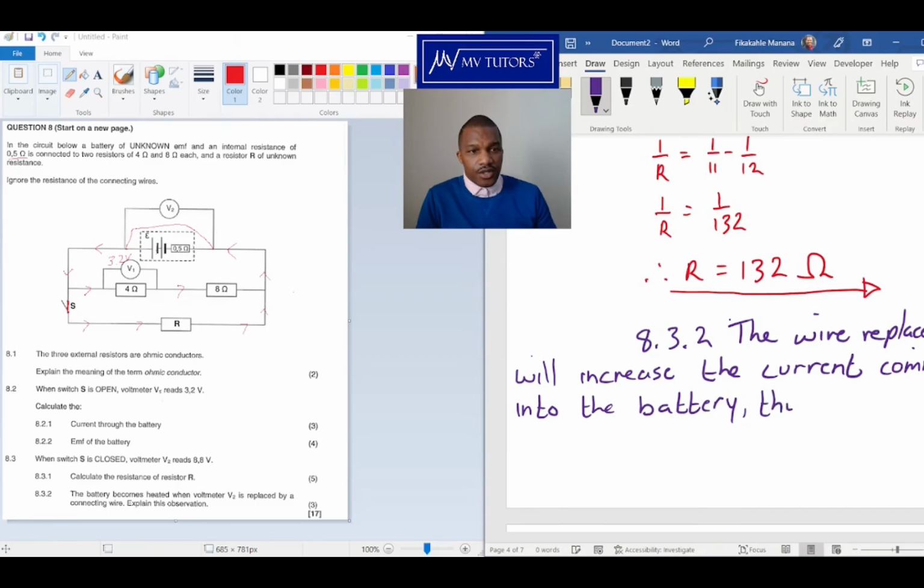Thus short circuiting. I love the word thus, I don't know why. Thus short circuiting.